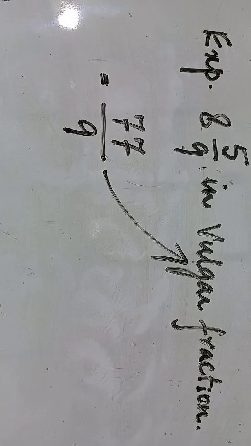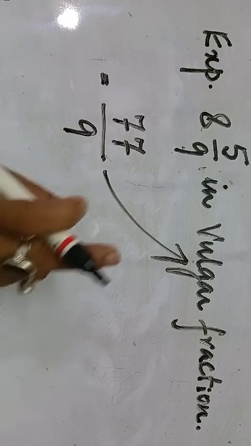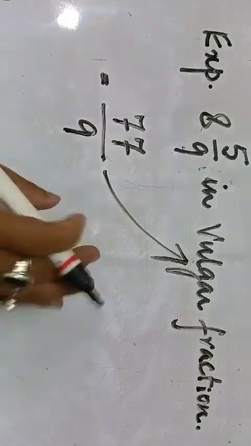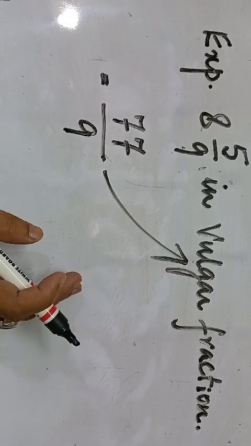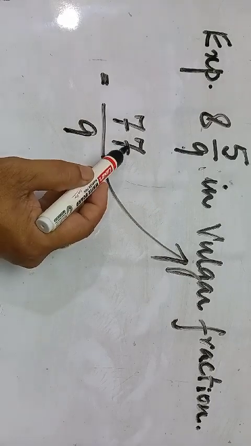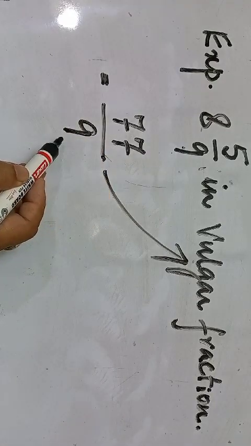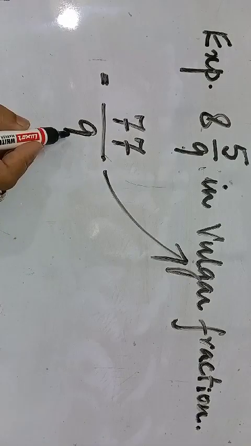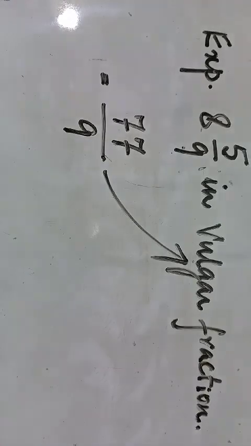Because remember, children, when I told you vulgar fraction just now, I told you that they involve both proper as well as improper fractions. So any number which is expressed as one number upon another number, all such numbers will be vulgar fractions, except for the numbers where the denominator is 10 and multiples of 10.